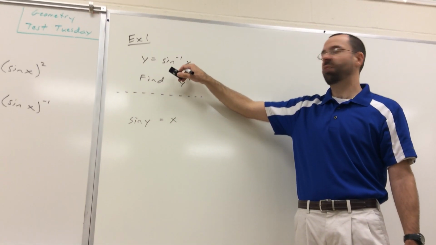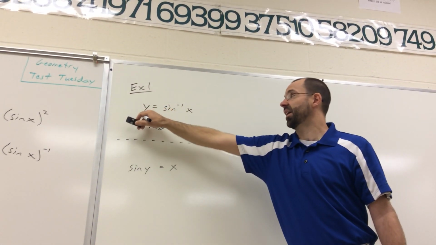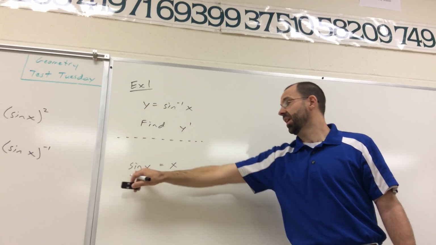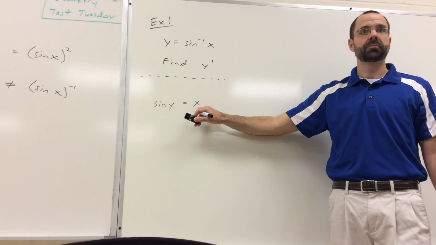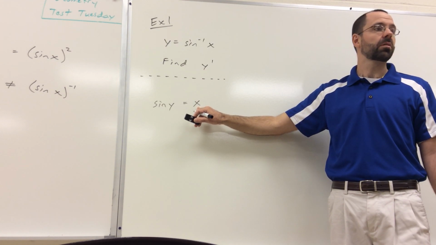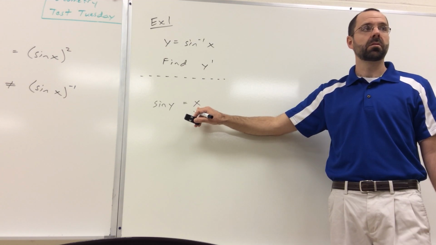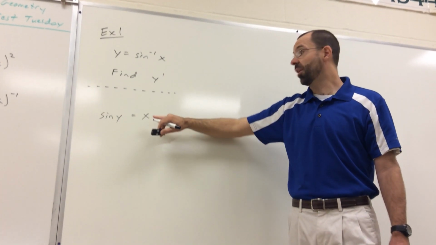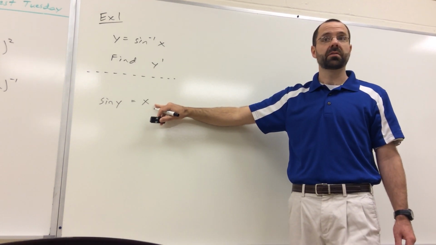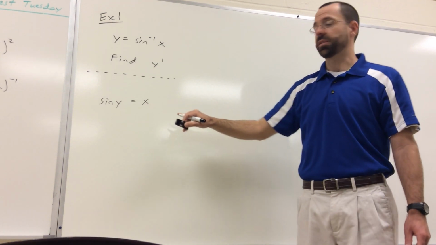So since this is a fraction and that's an angle, I could take the sine of the angle and get the fraction instead. So the reason I wanted to rewrite this like this is because I know how to do the derivative of this. So now I'm going to take the derivative of it.